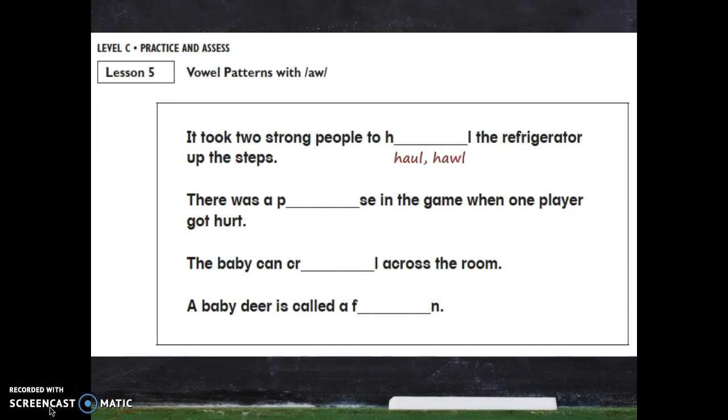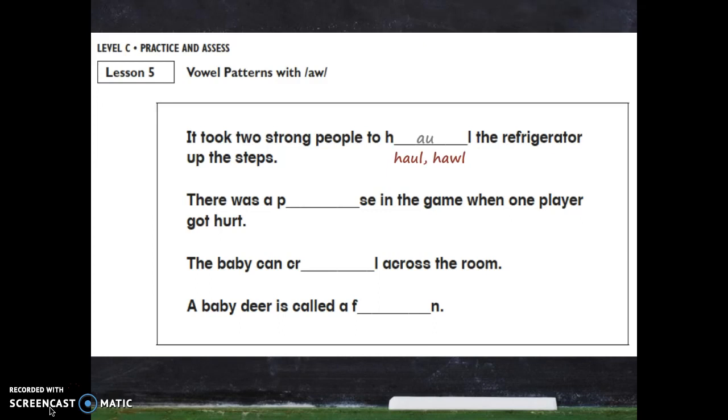It took 2 strong people to haul the refrigerator up the steps. Which one do you think correctly goes in the blank? Pause the video and fill out your worksheet. If you said haul, H-A-U-L, you were correct. To haul the refrigerator up the steps.